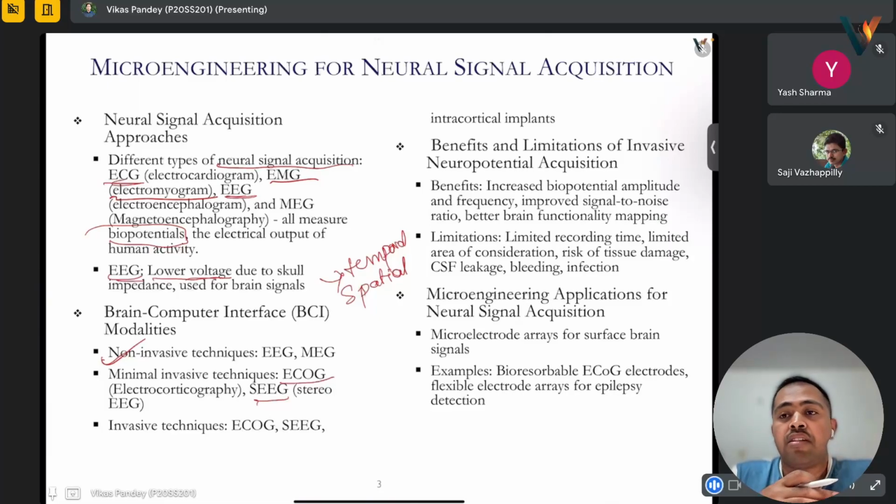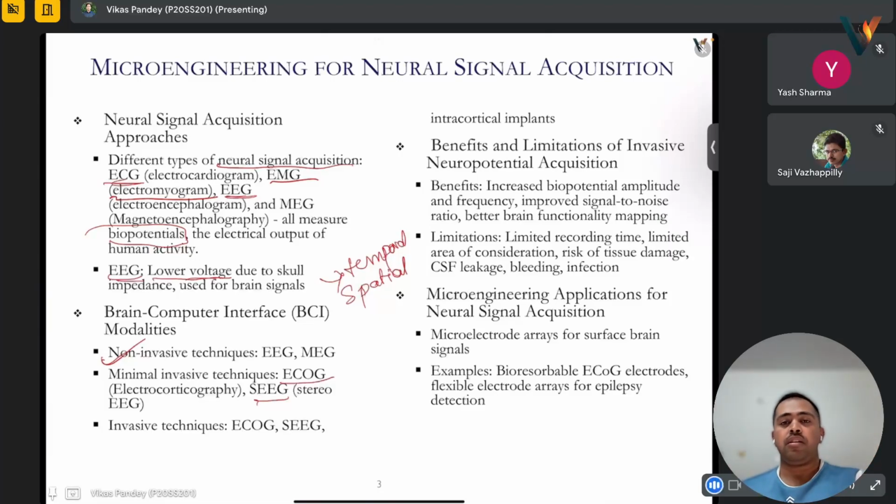Then there are invasive techniques where some implants are done. ECoG may be minimally invasive, or in some cases fully invasive, as well as SEEG and intracortical implants.